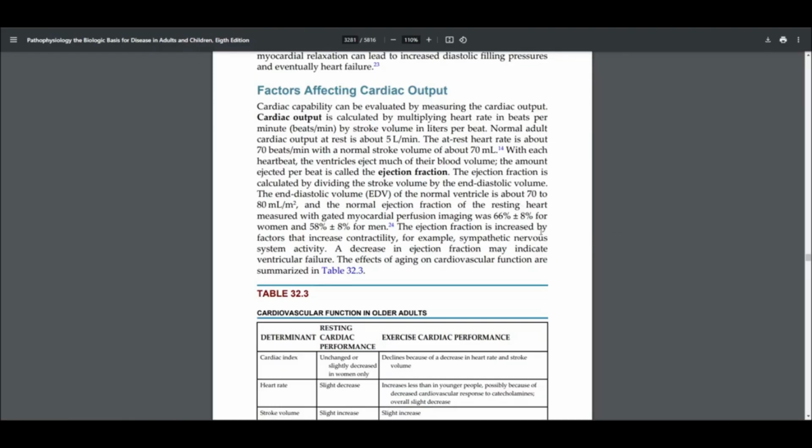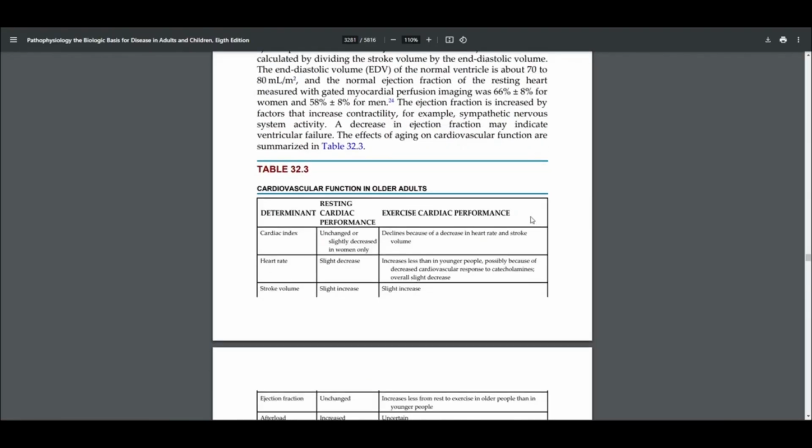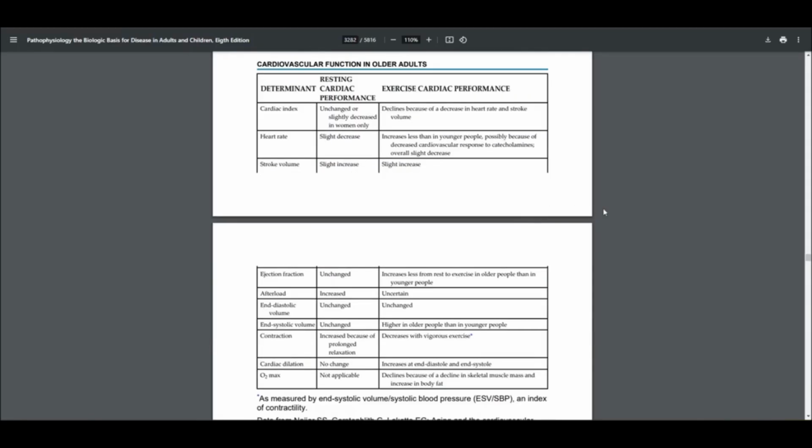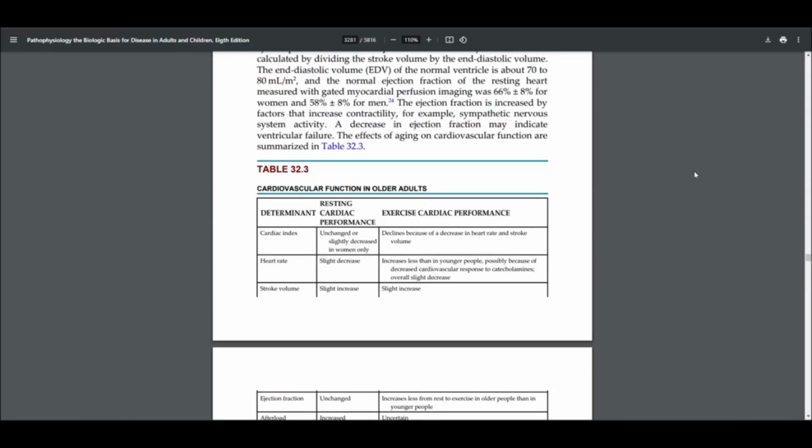These numbers are, I think, a little older because this book is from 2018, so please keep that in mind. And the hospital setting will say 65% or greater is a normal heart EF, or ejection fraction. But it also comes down to your hospital facility and what it would like us to go by.